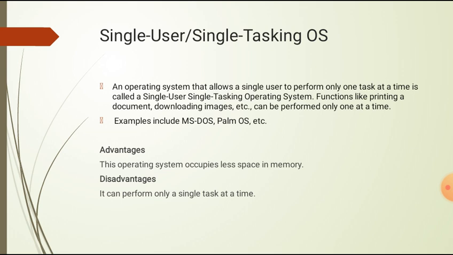Examples of this: MS-DOS, Palm OS, etc. Advantages: this operating system occupies less space in memory. Disadvantages: it can perform only a single task at a time.